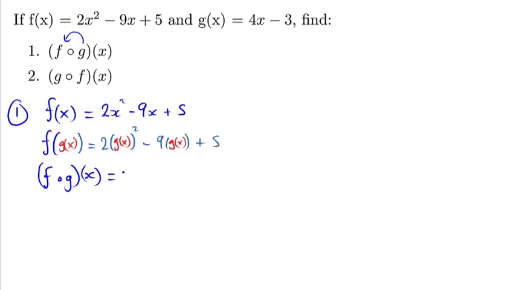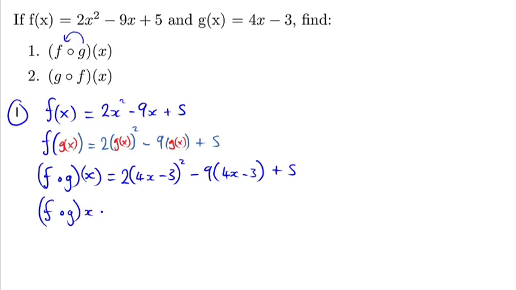So this is equal to 2. Now remember the function g of x is 4x minus 3. Then this is squared, minus 9. Again, the function here is 4x minus 3, like that. Then there's a plus 5. So f of g of x will be equal to, so I'll expand this, so we'll say 2 here.